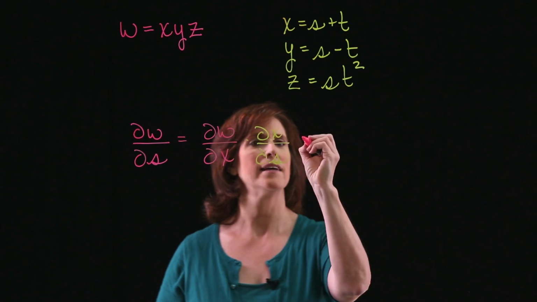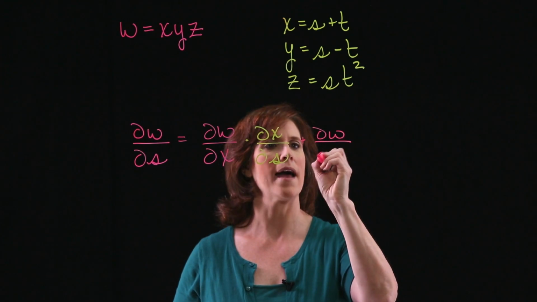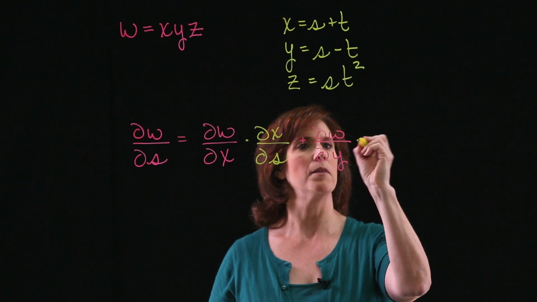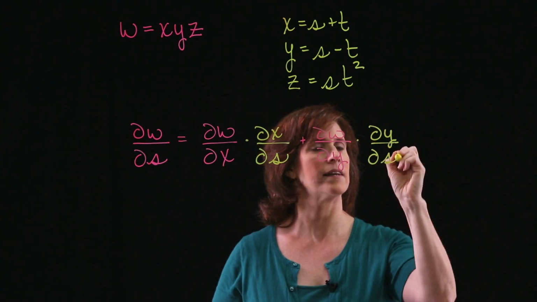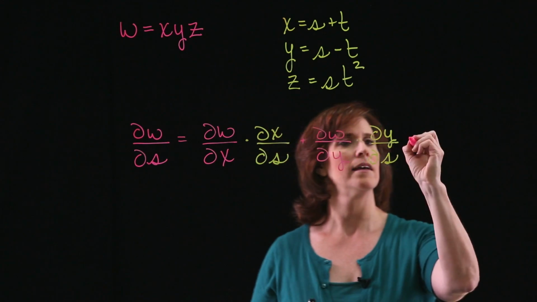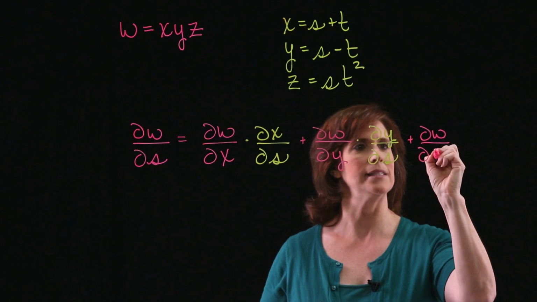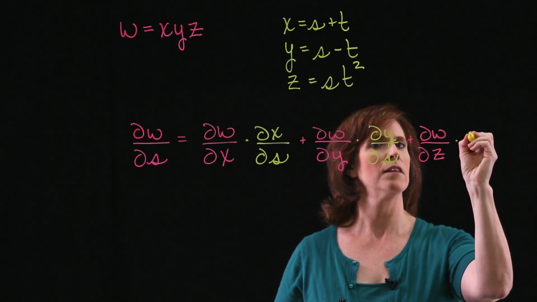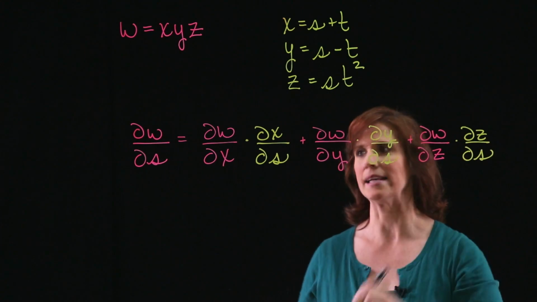Then we'll add the partial of w with respect to y and multiply by the partial of y with respect to s. Then we'll add the partial of w with respect to z times the partial of z with respect to s.